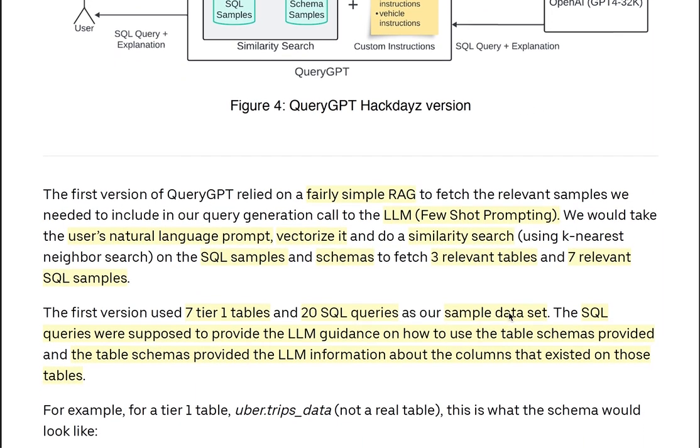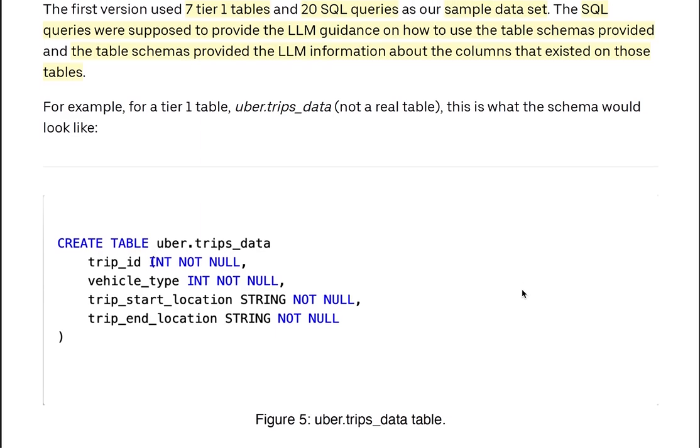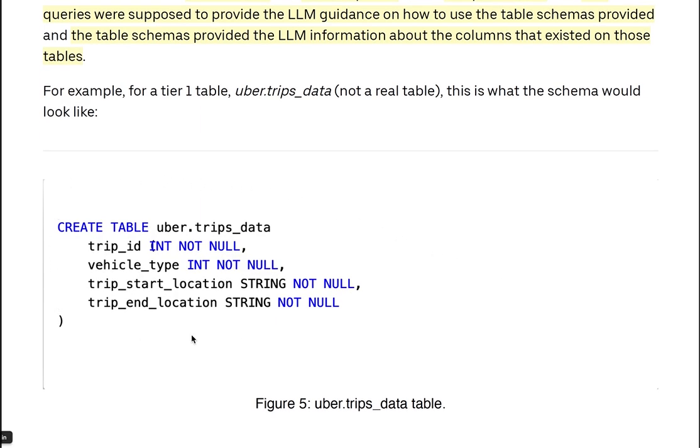So for their simple solution, they use just 7 tier 1 tables and 20 SQL queries in their entire data set or data corpus, you can say, which they try to showcase that yes, this kind of a solution can actually work, and they showcase that yes, automated SQL generation can happen. This is just a dummy example of how a particular schema could look like for a particular data set, and there could be thousands of such datasets in Uber's corpus.